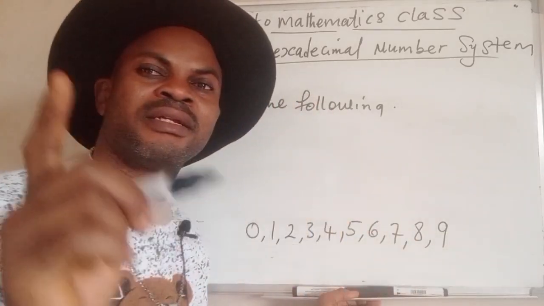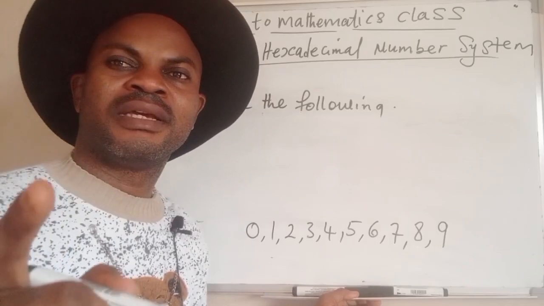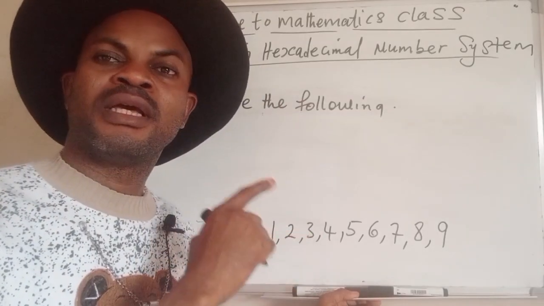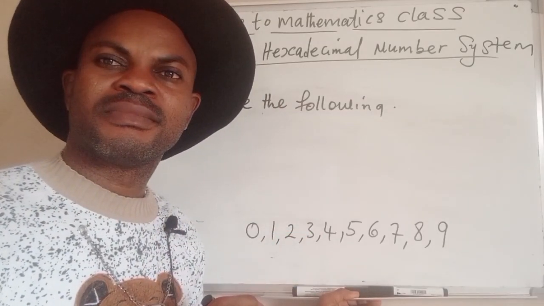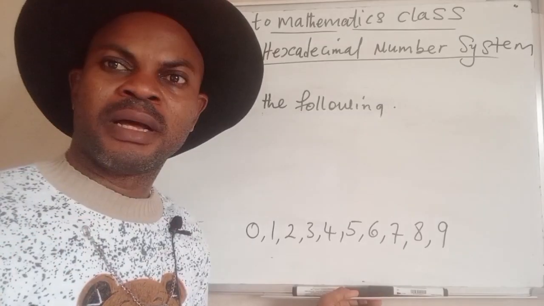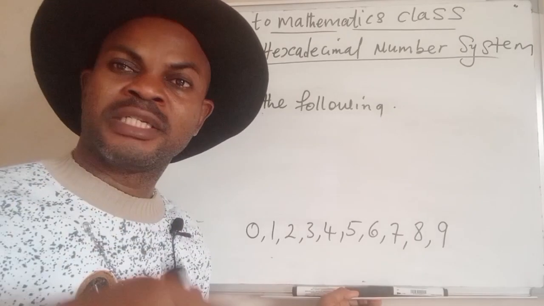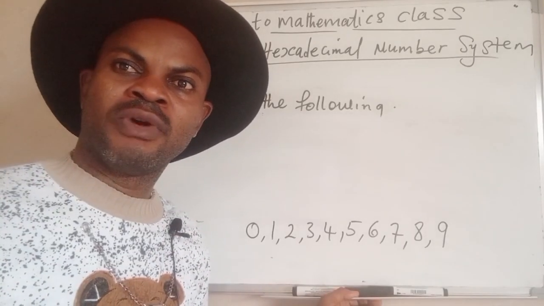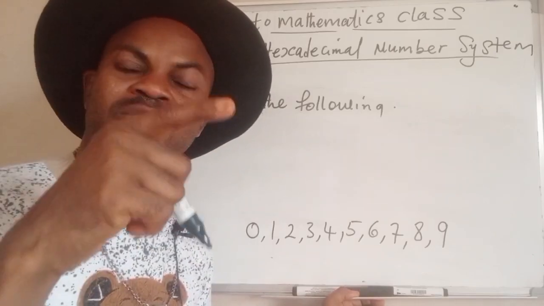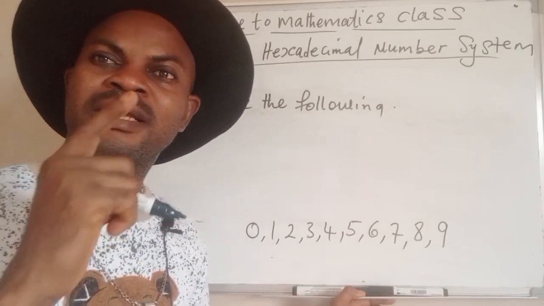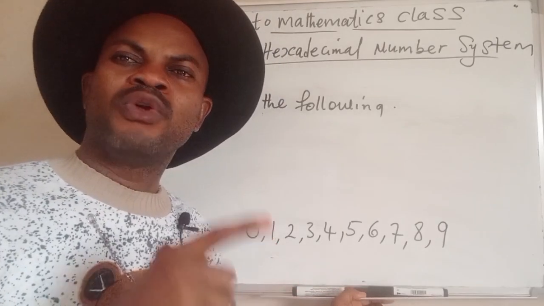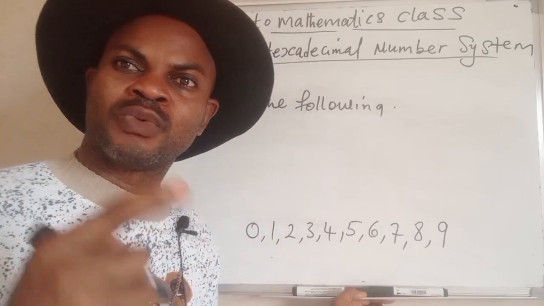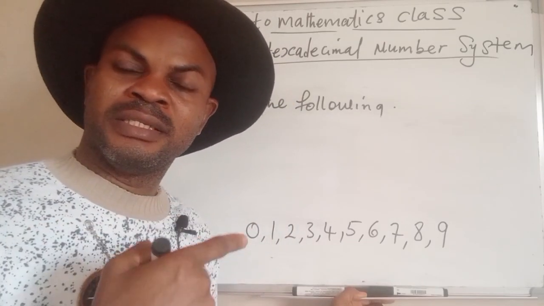You don't say 10 in base 16 and base 12. If you're dealing with duodecimal, when you get to 10, instead of repeating 1 and 0 again, you say T to represent 10. Then you use E instead of saying 11, which is 1 and 1, repeating the digit again.